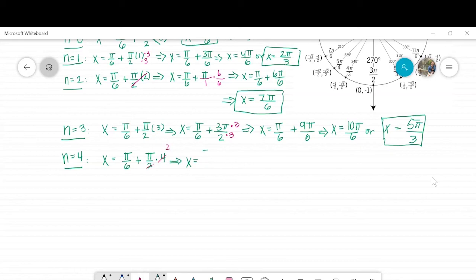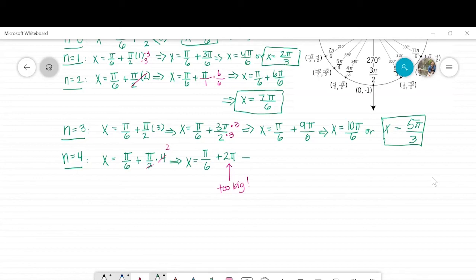X is equal to pi over 6 plus 2 pi. Well, just as a point of logically thinking about this, I want to stay between 0 and 2 pi. So if I add 2 pi to anything, I'm already too big. Now, that may not be totally obvious. I know sometimes we get caught up in the question and we just want to finish, right?